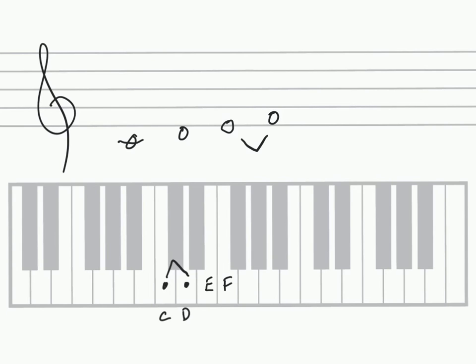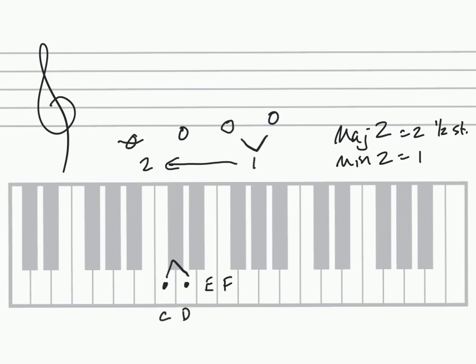So if C to D is two half steps and E to F is one half step, this is narrower than that one by one half step. So major second equals 2 half steps.